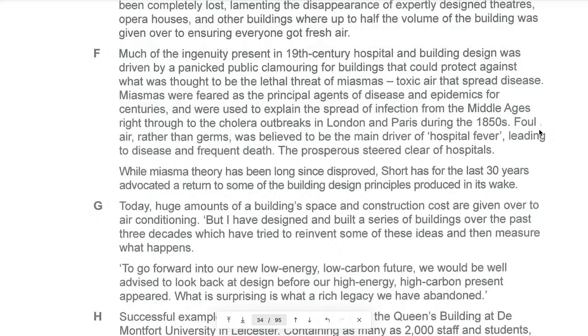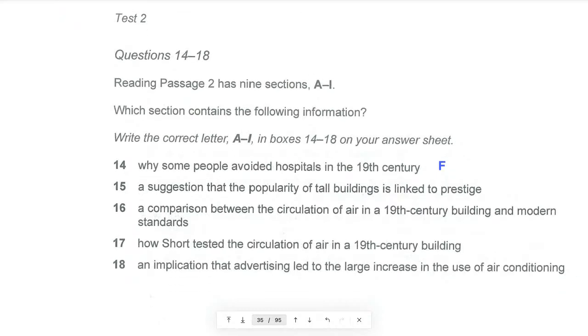Someone else, please. The prosperous, what does that mean?